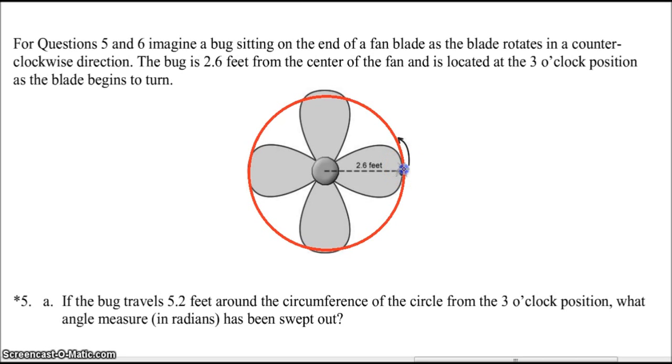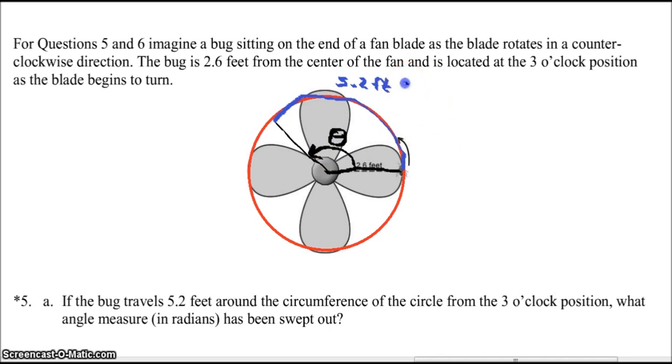So essentially the bug starts here and he goes around this circle until about 5.2 feet have been covered. So then we want to know what is the angle measure that has been swept out. I'm just going to draw that angle. Here's our angle right here.